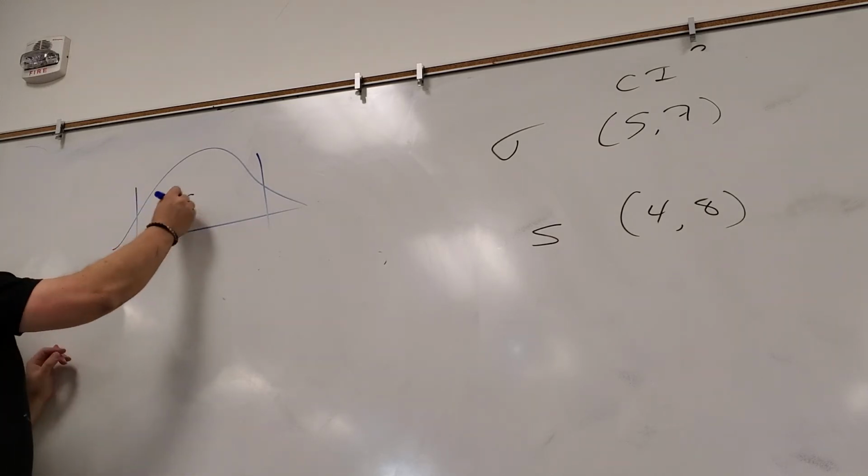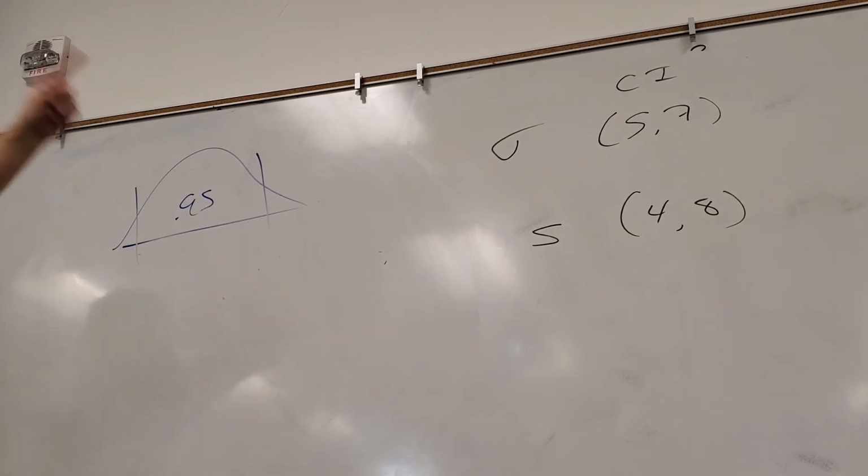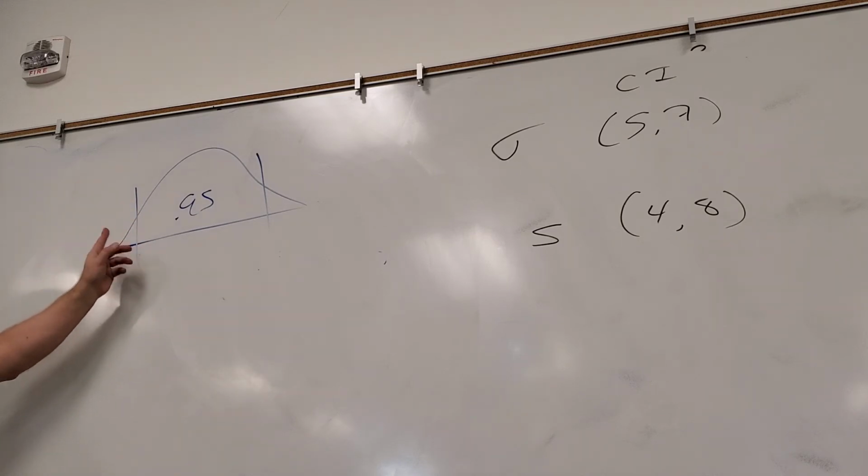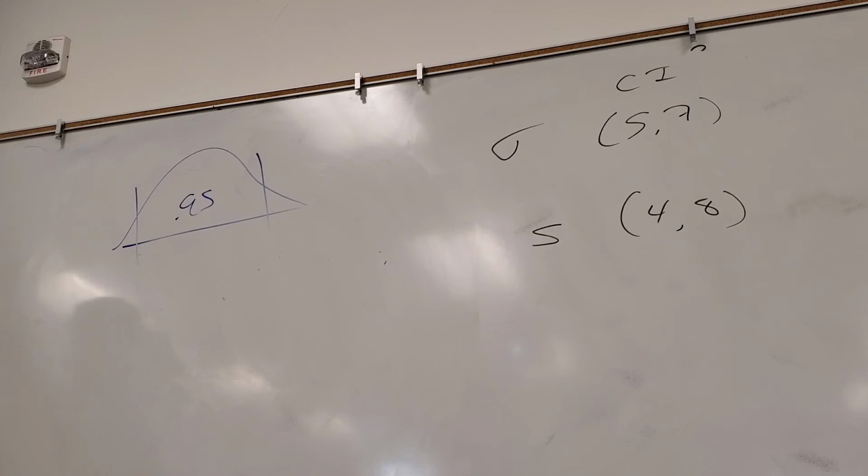If this is a 95% confidence interval, how much total area is in 2 tails? 95% in, 5% out. Is that cool? So which one of those columns would I look at? 0.05. If you cut it in half and say there's 2.5% in this one tail, do you see how you're still in the same column?